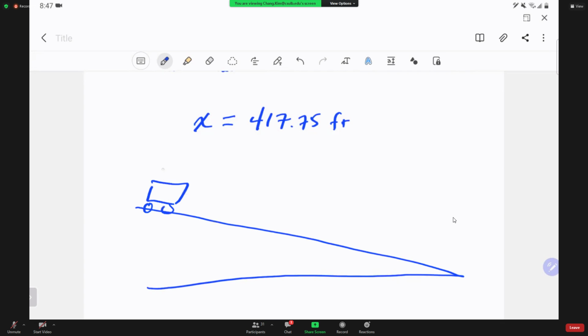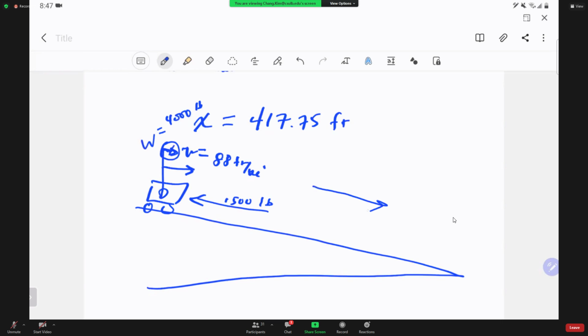So when you have a car moving down with an 88 feet per second velocity, and the braking force happens to be 1,500 pounds acting against the motion, and W, the weight of the car, is 4,000 pounds, its component along this direction, due to the weight, is what is acting against the braking force.